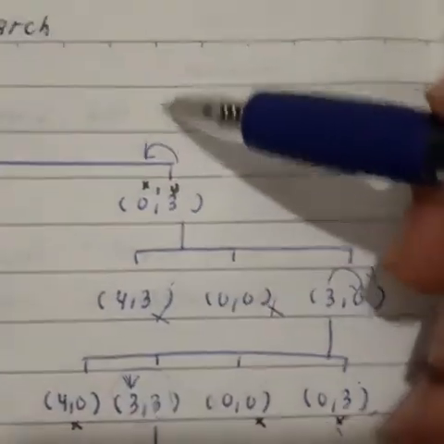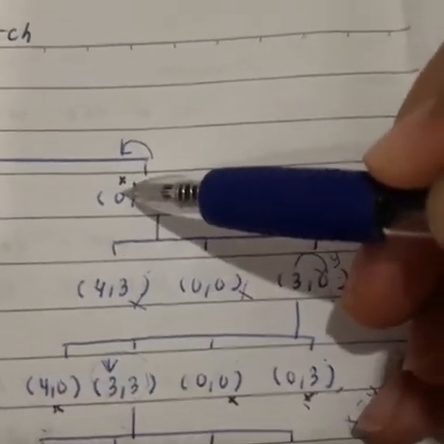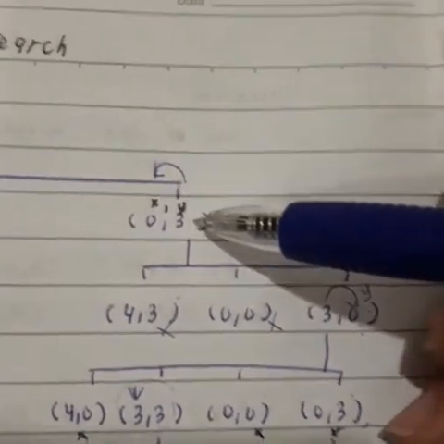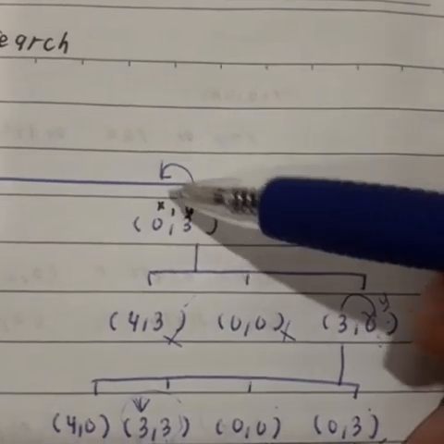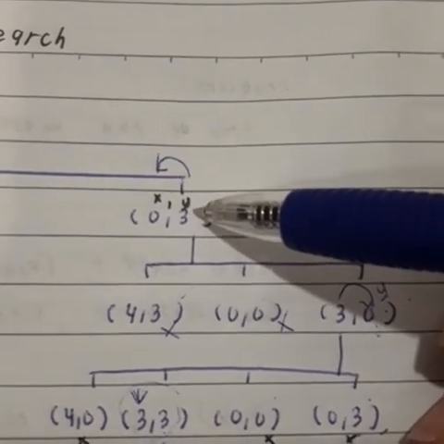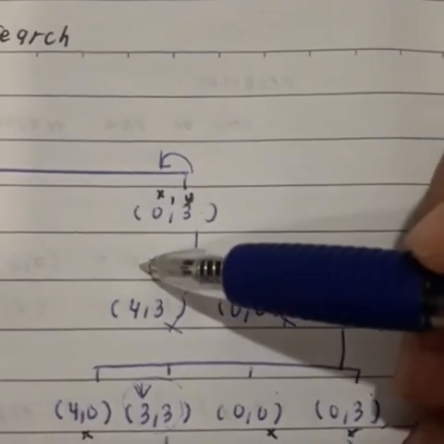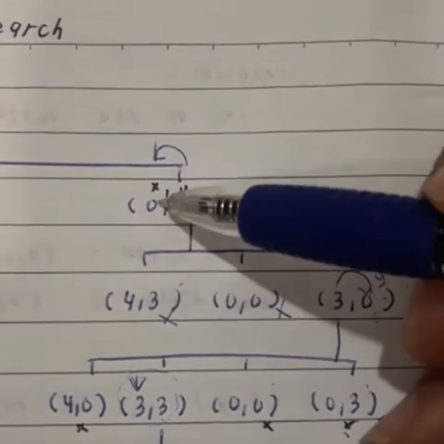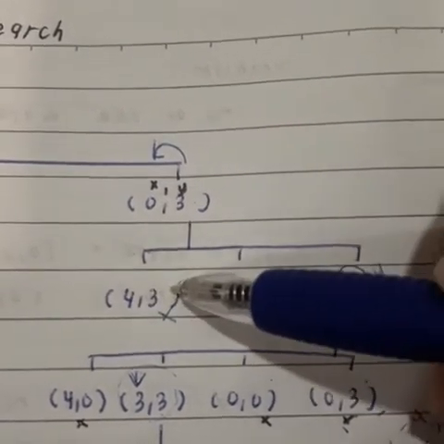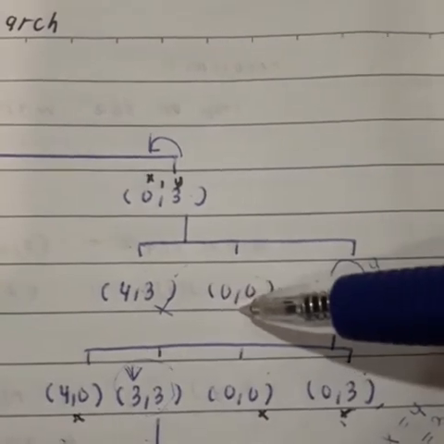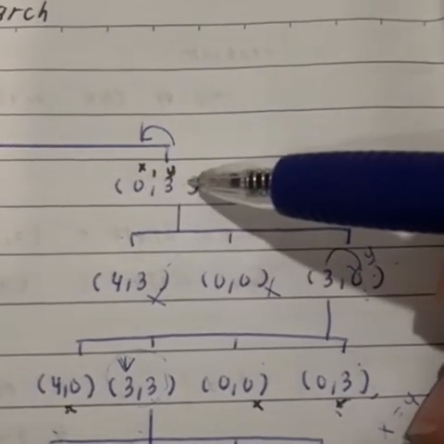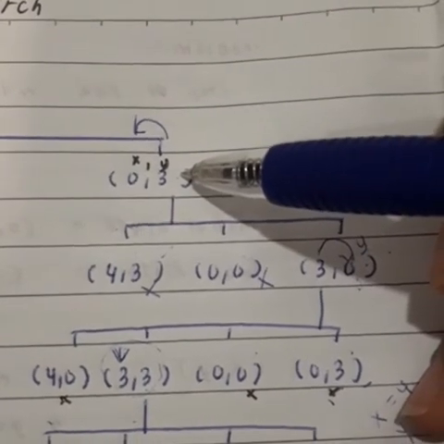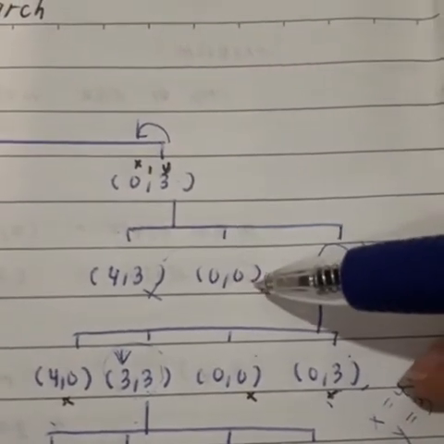Okay. Here we know that it starts with 0, 3. So we need to fill the water jug in x because y has reached the maximum value, right? The maximum value for x is 4, and that's why we get 4, 3. Now we need to empty the water jug. Here x is 0, so we need to empty the y jug only, and that is why we get 0, 0.